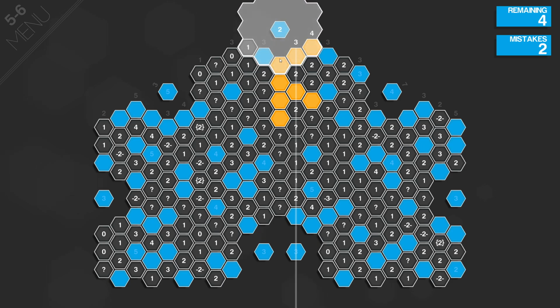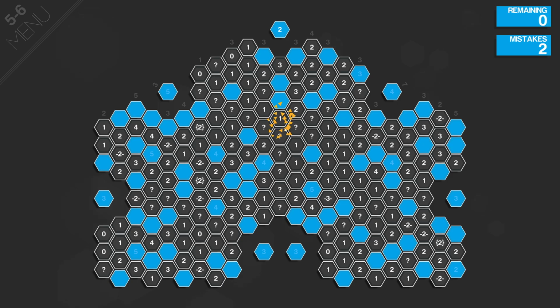And if one of these must be in the circle, this must never be in the circle. Then we have 1, 2, 3, 4. 2 here, 1 and 2. Third in this vertical. That has 2. This gets a second. This gets a third. We have none remaining.